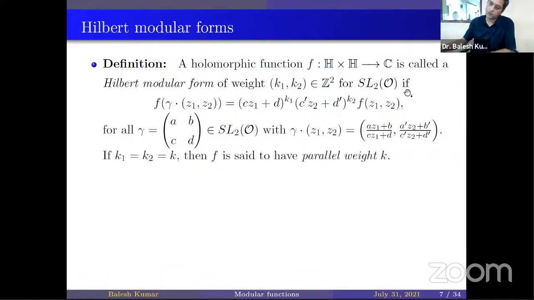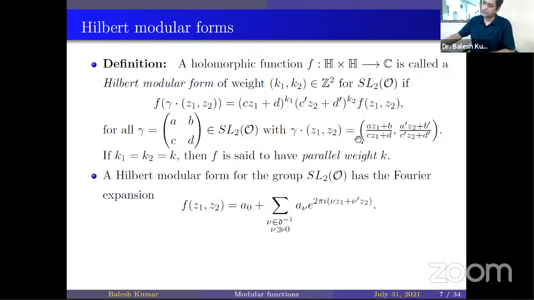Moreover, the growth condition in this case can be relaxed because there is a theorem, the Koecher principle, which says that if you have non-trivial extensions, and you look at a Hilbert modular form which is holomorphic and satisfies this transformation property, then it will automatically be holomorphic at the cusps. In the case of parallel weight, when k1 and k2 are the same, we say that the Hilbert modular form is of parallel weight k.